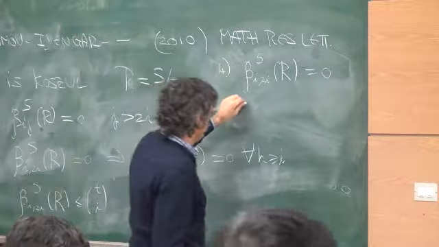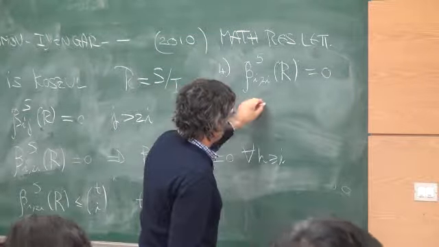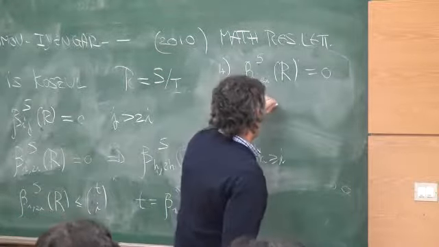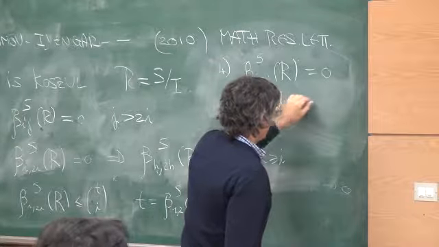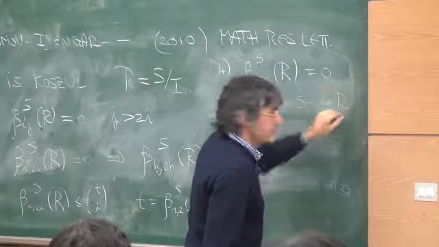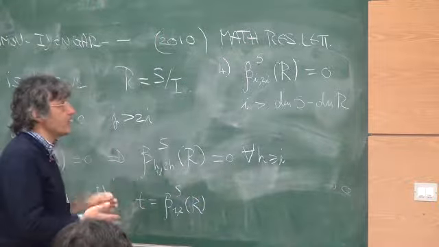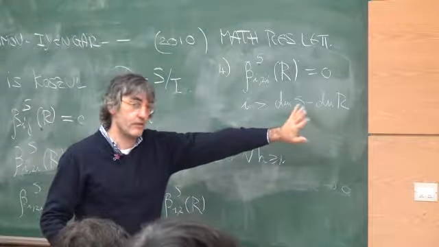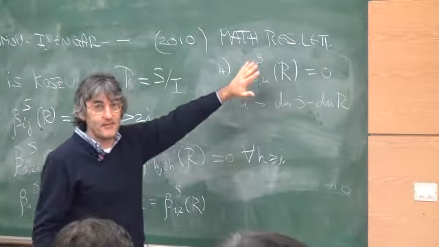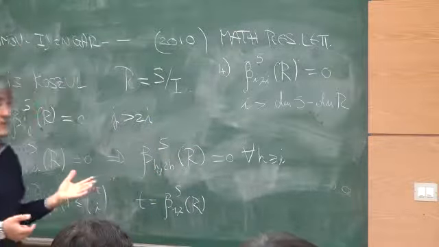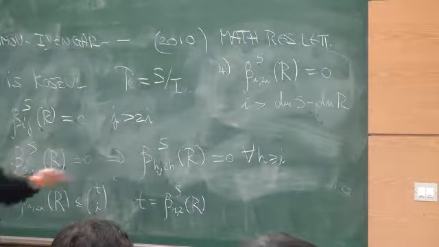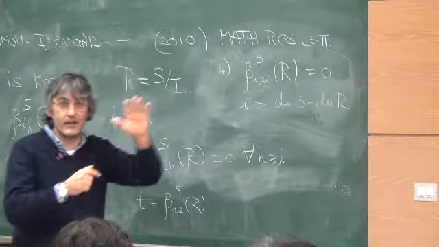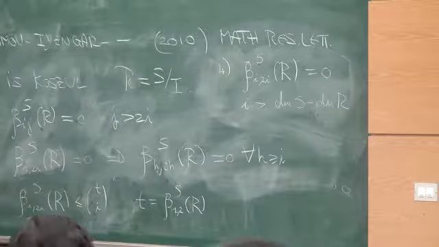So if i is larger than the codimension of R in S, so you may say dimension of S minus dimension of R. For a Koszul ring, this doesn't say anything because we know that the resolution will stop at this level. But if the ring is non-Koszul, if you pass this codimension position, for sure you have to leave the top line. You cannot stay on the top line anymore.